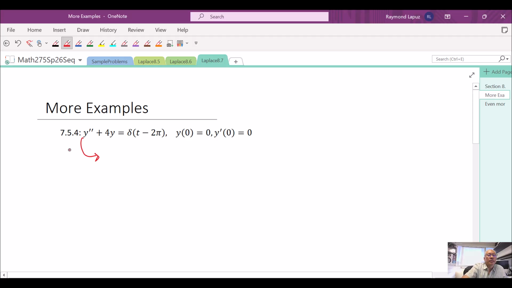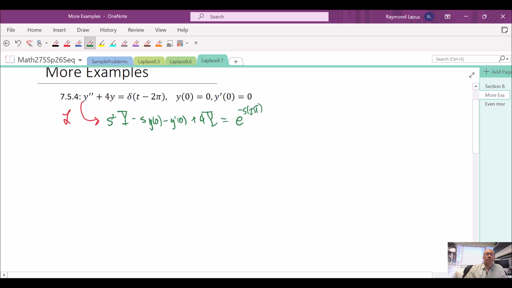All right, so let's do the Laplace transform to the Laplace world. This is s squared Y minus s y of 0 minus y prime of 0 plus 4Y is equal to, now this is your delta, e to the negative s times 2 pi.